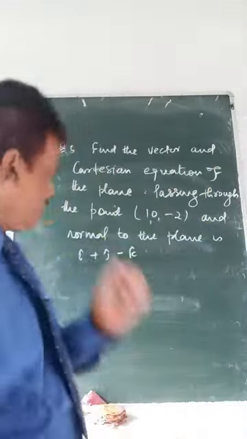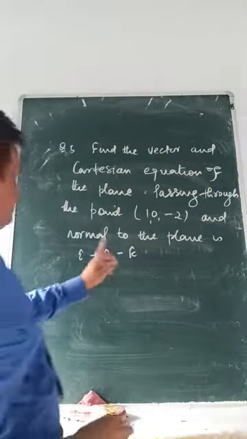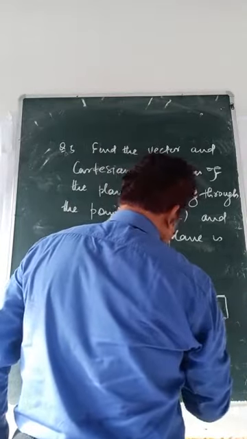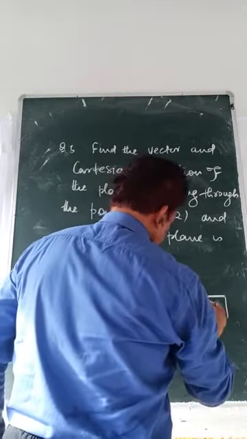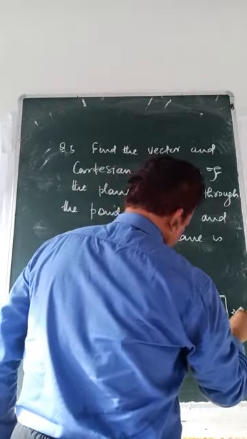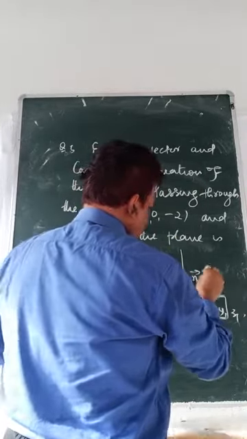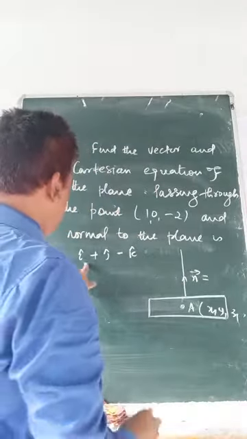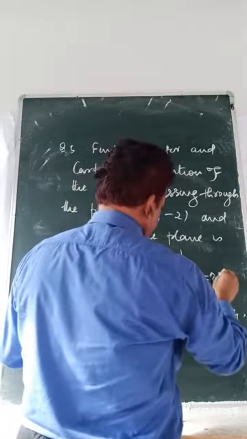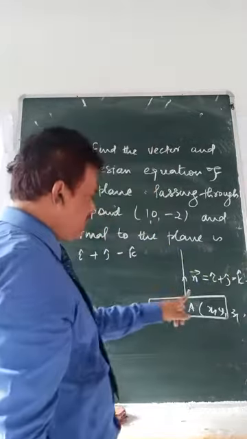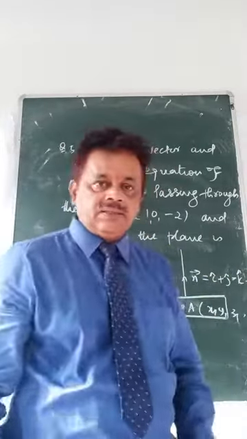Okay, let's look at here. You are asked to find the equation of the plane passing through the point x1, y1, z1. There is a normal to it. This is not a unit normal, that is i plus j minus k. Remember, I had derived a formula on this.